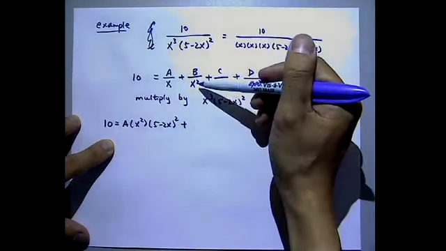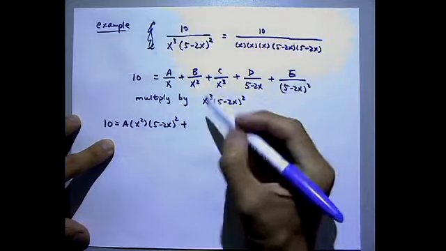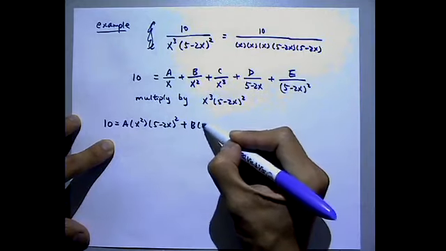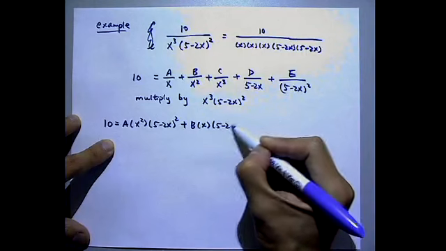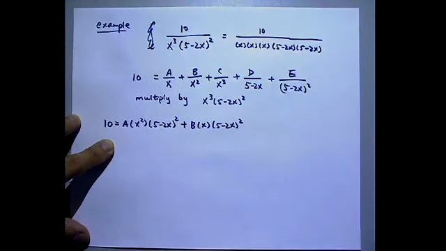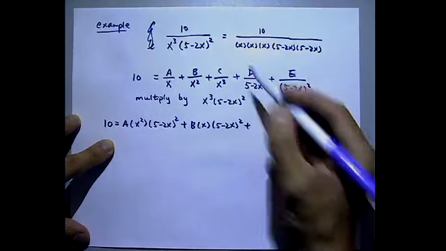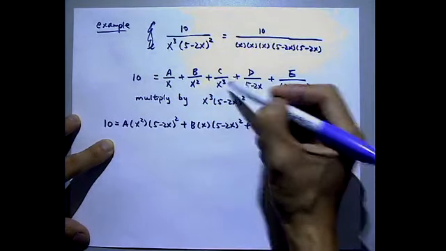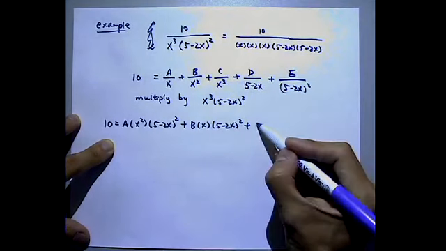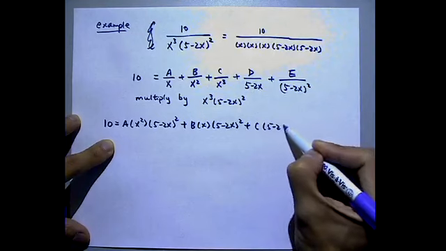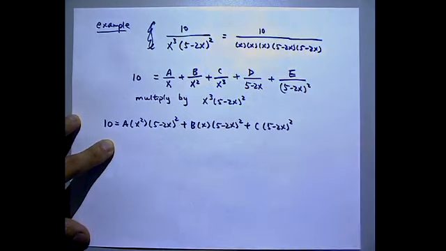And then b over x squared times that whole thing is b x (5 minus 2x) squared. And then c over x cubed times that is c (5 minus 2x) squared.